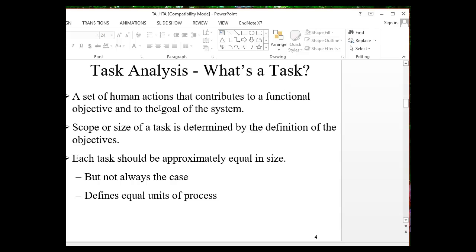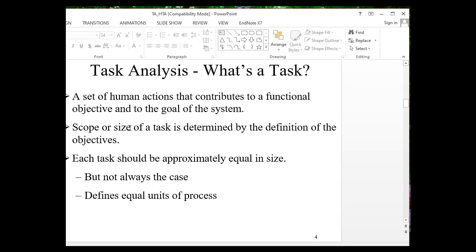Number two, if we want to complete that task, we must also tell our customer, our user, that this is the scope or size of your task, of your goal, of your objective. Because the user is not familiar with this field or with the task that she wants to complete through us.